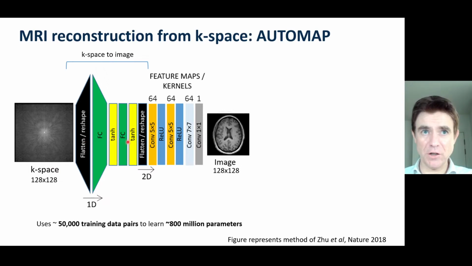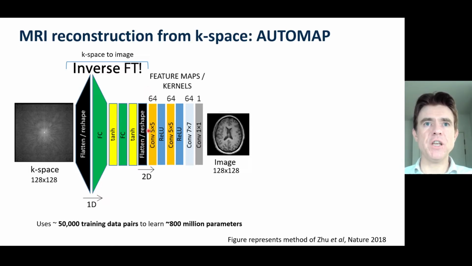So these are pretty large mappings going from k-space, which first of all has been flattened to a tall vector, and running it through hyperbolic tan activations. Effectively, these two fully connected layers are learning a mapping from the Fourier domain, from k-space, to the image domain. So this can be viewed as something like doing a Fourier transform.